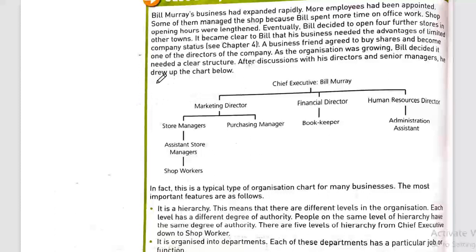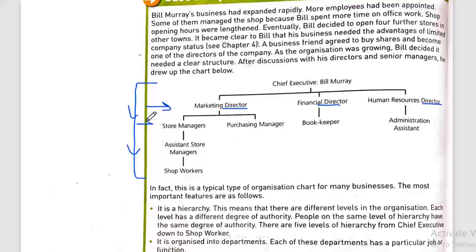As you look at this chart, you're going to see it's a hierarchy from the highest level all the way to the lowest level, and all the people in the same level have the same position. Director here, director, and director. So these directors are in the same level.